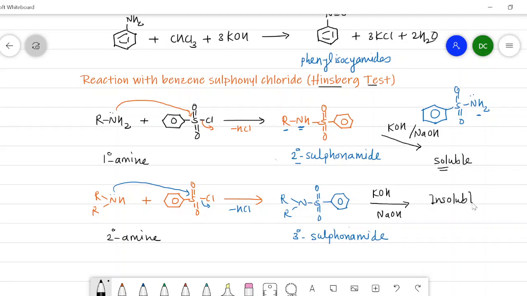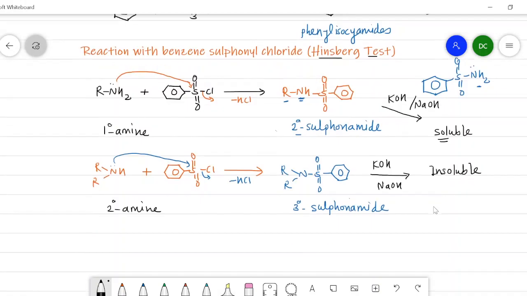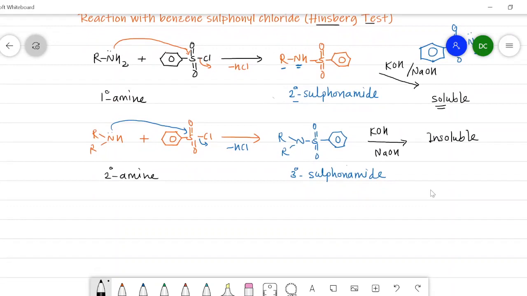in alkali. Now, the last reaction, that is the reaction of benzene sulfonyl chloride with the tertiary amine. So I will write here a tertiary amine, R3N, and when it is treated with benzene sulfonyl chloride, reaction is not observed.